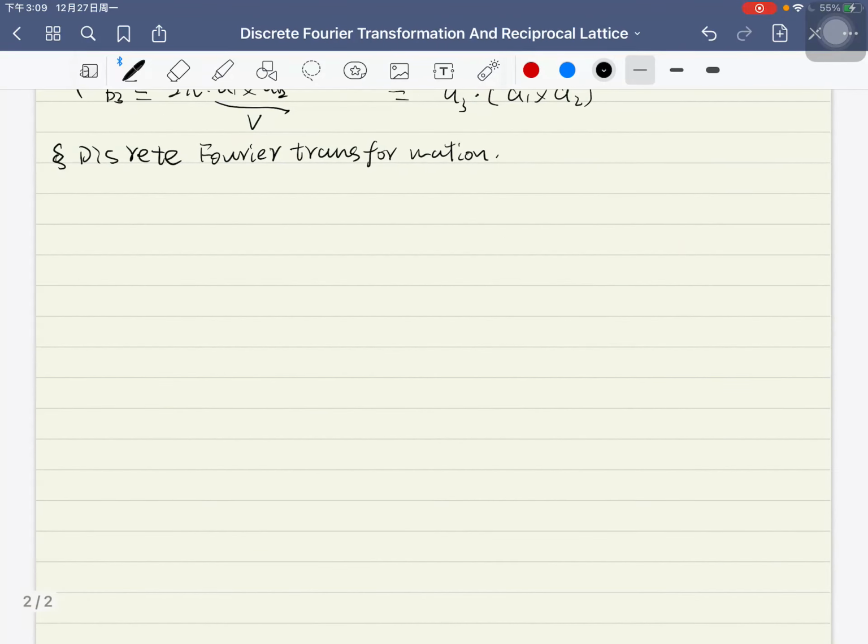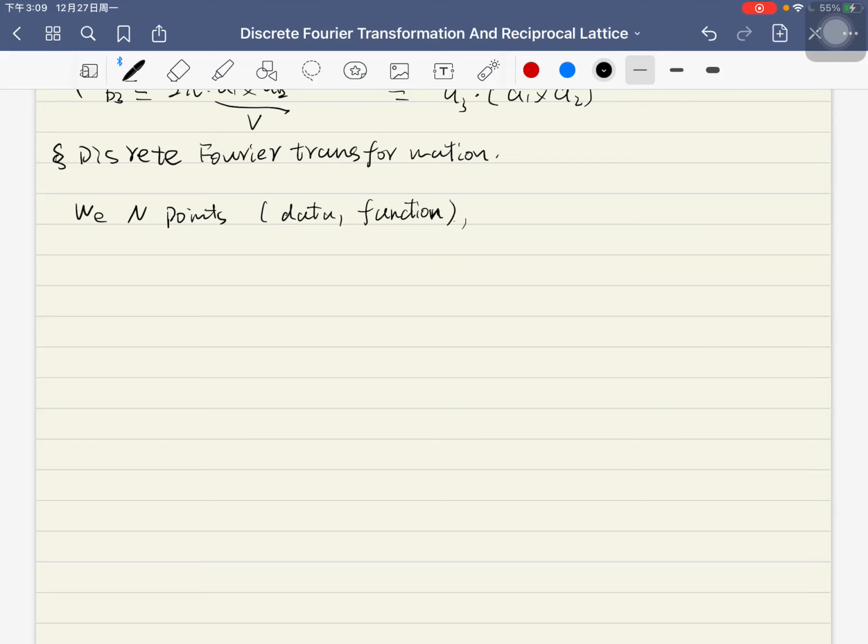So in the discrete Fourier transformation, the basic definition is that we have N points. They can be any kind of data or function, such as the wave function.